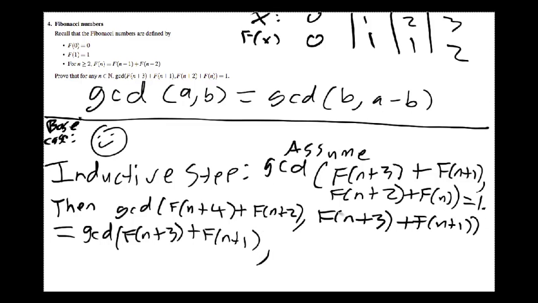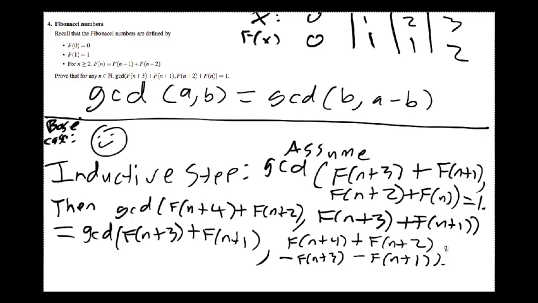And note how nicely this lines up with the fact we're given as an assumption, comma, the first argument minus the second argument, f of n plus 4 plus f of n plus 2 minus f of n plus 3 minus f of n plus 1. And by the inductive definition of the Fibonacci sequence, f of n plus 4 minus f of n plus 3 is f of n plus 2.